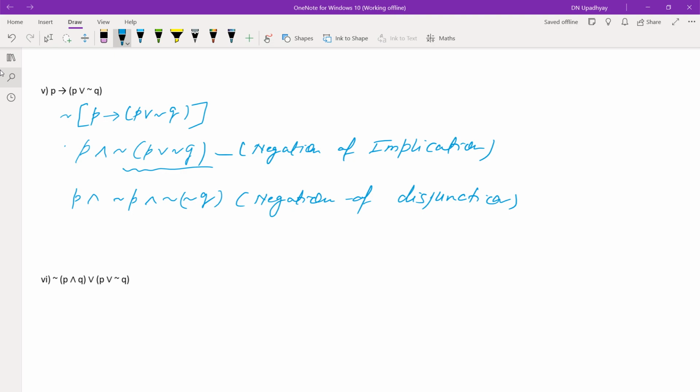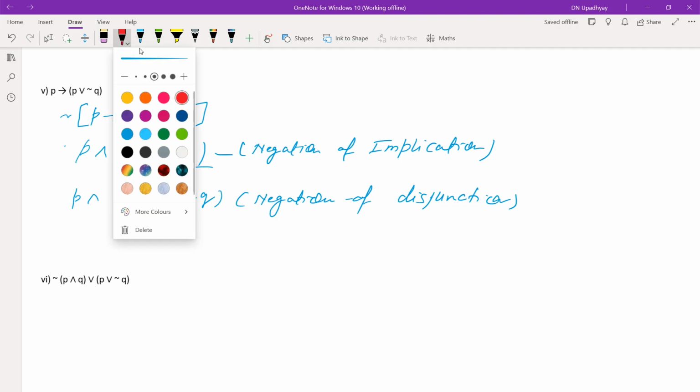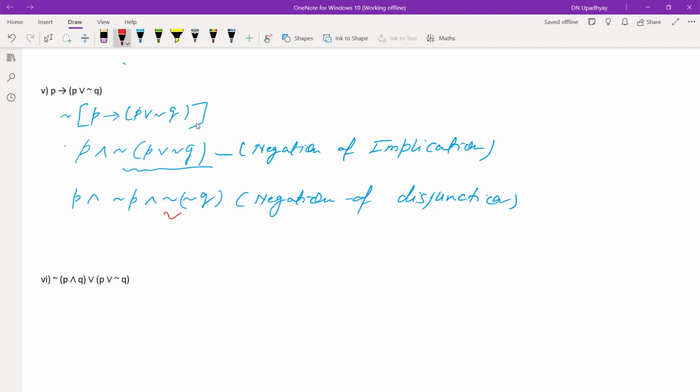And the last one, if you see this one, yes, this one, it is negation of negation. So two negations are there. So here we will write P and negation P and only Q, but here we will write negation of negation.